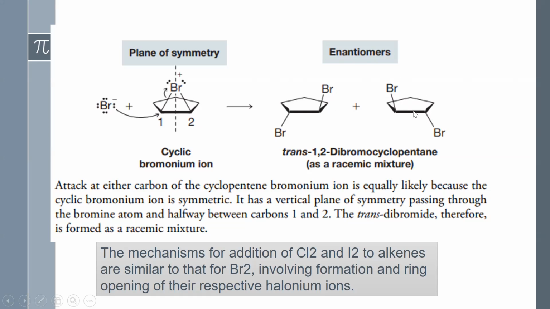So these two are non-superimposable on each other, right? These two are actually enantiomers, right? Remember the enantiomers? So what you get actually is a racemic mixture of the two. They are not diastereomers, they are enantiomers. Attack at either carbon, with a vertical plane of symmetry passing through, gives the trans dibromide, therefore it is a racemic mixture.